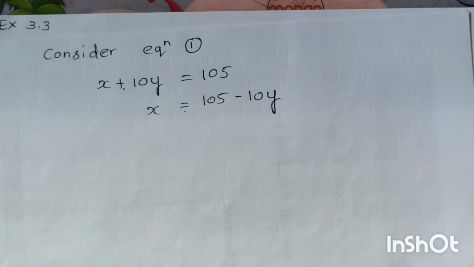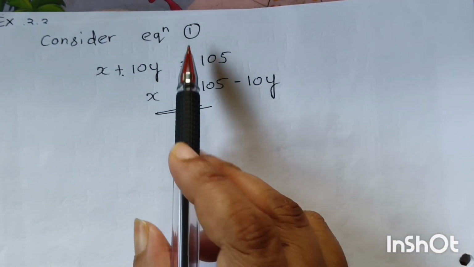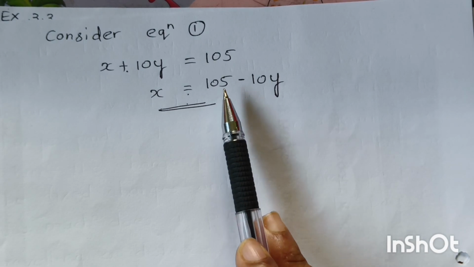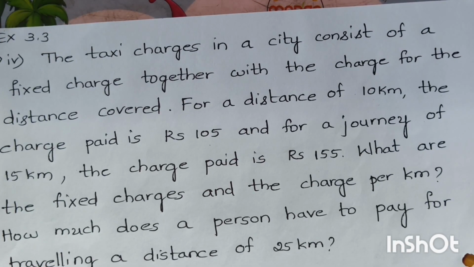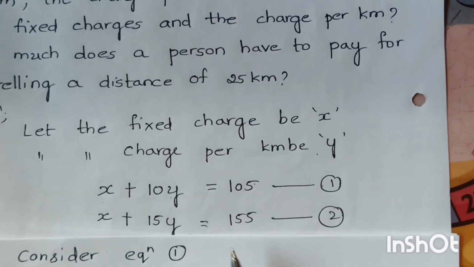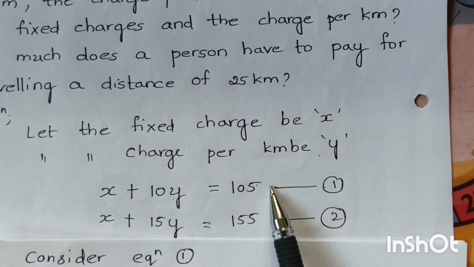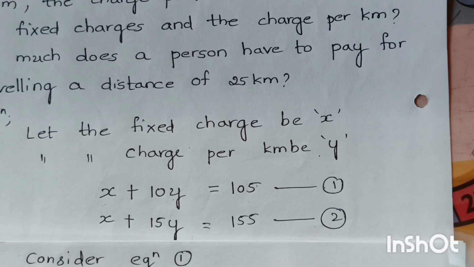We got the value of X from equation 1. Now let us substitute the value of X in equation 2. We got the value of X from equation 1 and we are substituting it in equation 2.